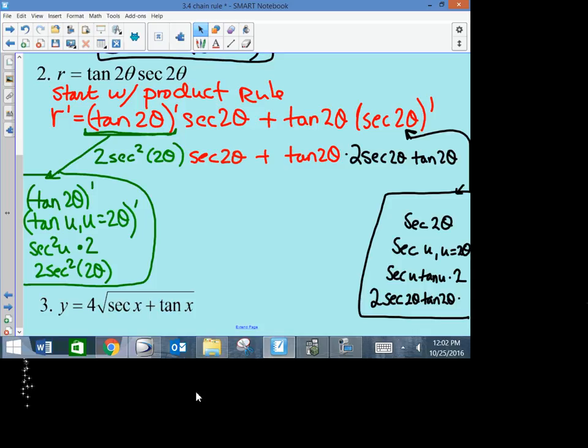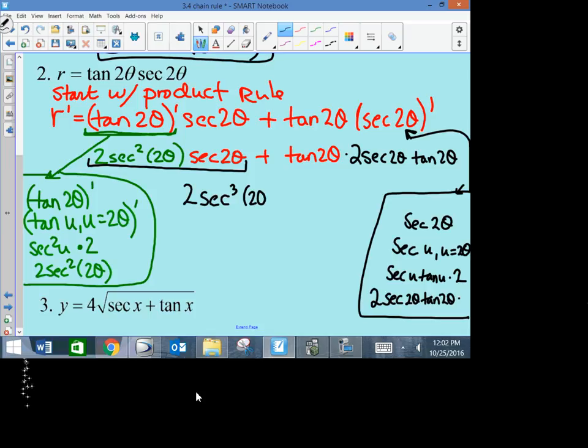You don't have to factor if you don't want to. For example, you could write this as 2 secant cubed, and then this as 2 secant 2 theta squared, secant 2 theta tangent squared. And that's totally fine.